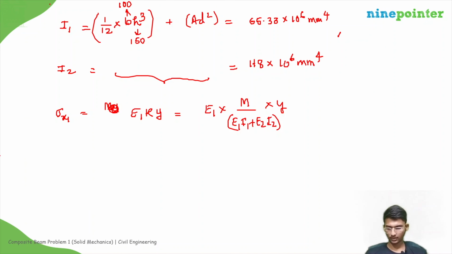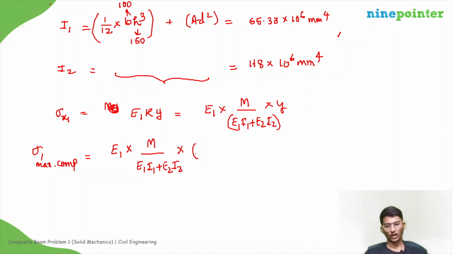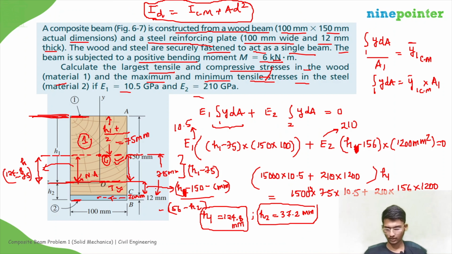So sigma 1 max compression is equal to E1 into M divided by E1 I1 plus E2 I2 into what will be the value of y? That will be this one, right?